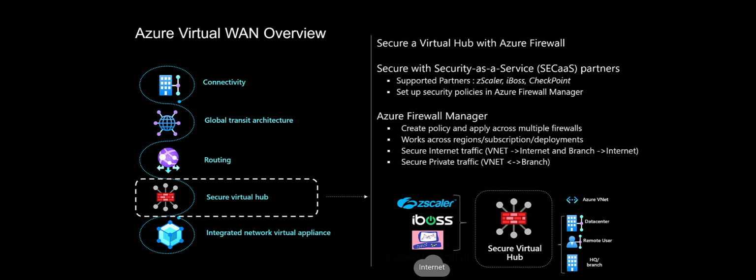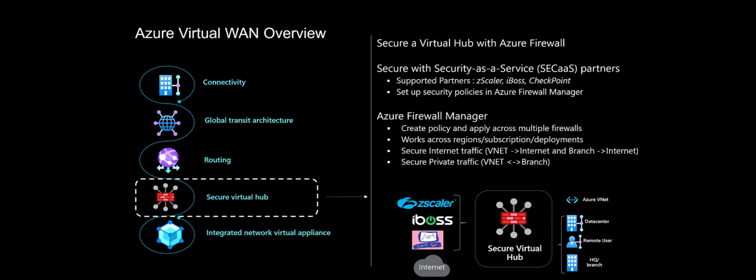And so Microsoft took their Azure Firewall solution and integrated it directly into the Azure Virtual Hub, creating this secure virtual hub. What this allowed you to envision now is a secure edge capability, and they added in a capability with their security as a service partners.